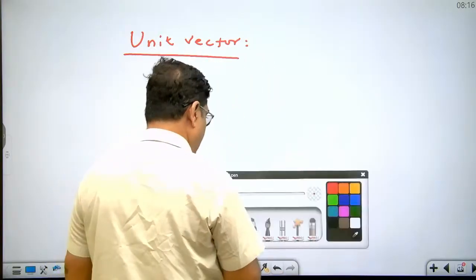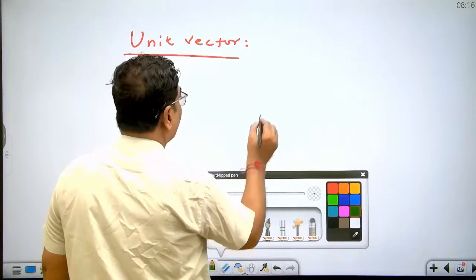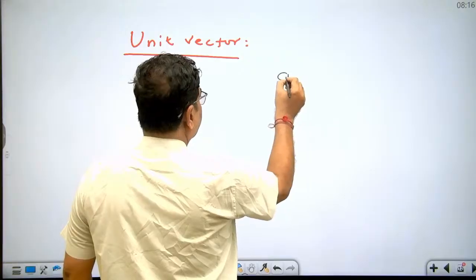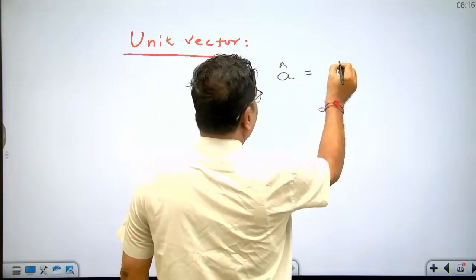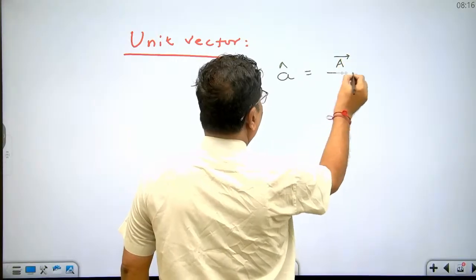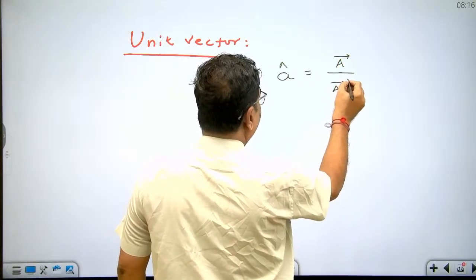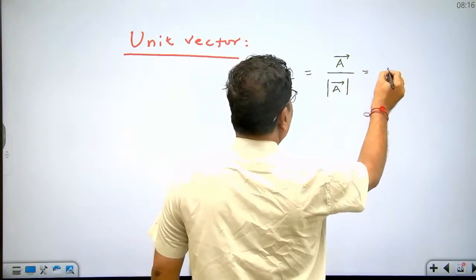How to represent a unit vector? See here. The unit vector is represented by a small letter with a cap over it. And the unit vector is defined as the vector divided by the magnitude of the vector. This can be written like this also.